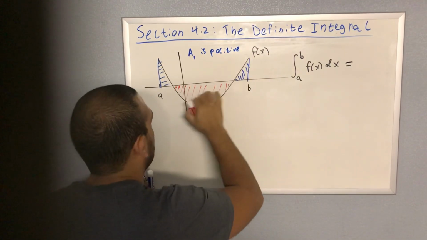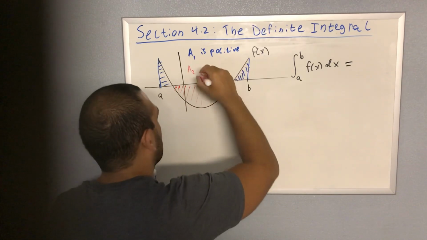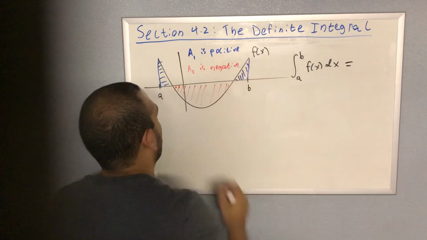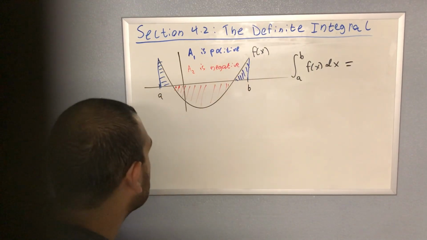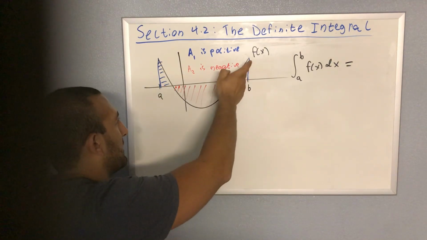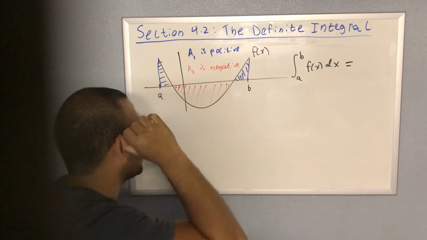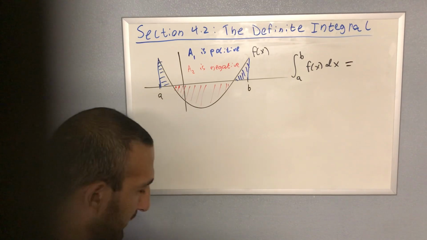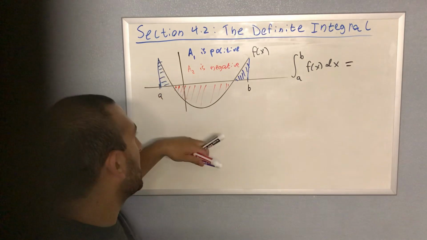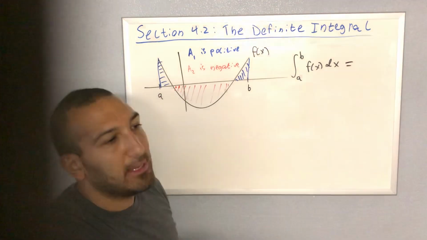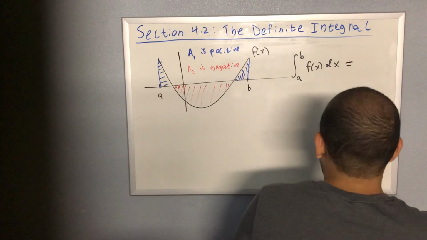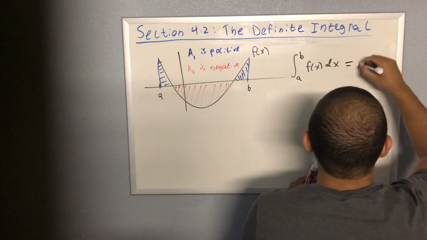We're going to count this as negative, which calling it area is weird, but it's just the idea. So a2 is negative, so not surprisingly, you're just going to take a1 and subtract a2, if we think about it as negative. Or you could add them, right? If you take a positive number and add it to a negative number, it's just like subtracting. So this is going to be a1 minus a2.